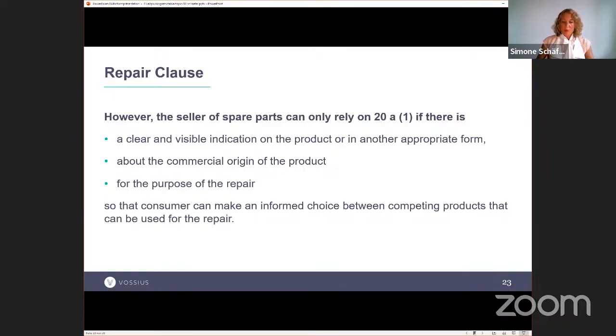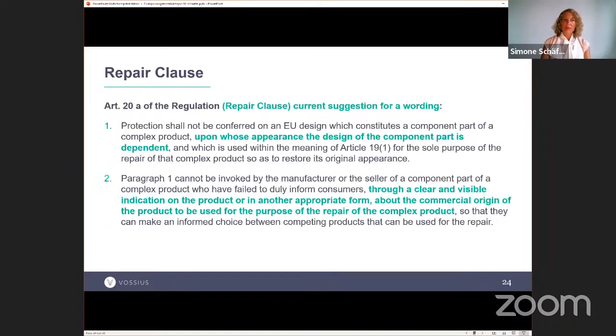However, there is one exception to this right of defense of the seller of spare parts. It must be clear and visible on the product or on the packaging or in another appropriate form that the product which is sold is just for the purpose of repair, and also the commercial origin must be indicated so that the consumer can make an informed choice between the competing products that can be used.